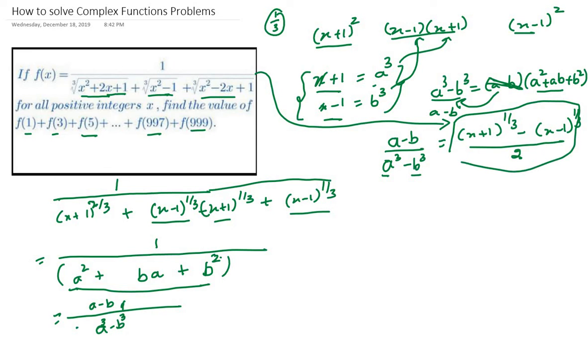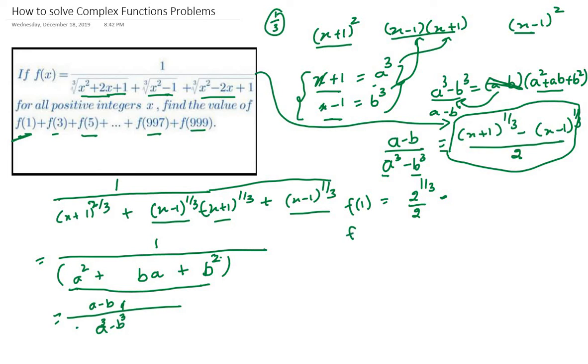The purpose of all these replacements and simplifications was to get a simpler equation to work with. Now this seems quite simple, right? What will be the value of f of 1? It will be 2 raised to power 1 by 3 minus 0, divided by 2.